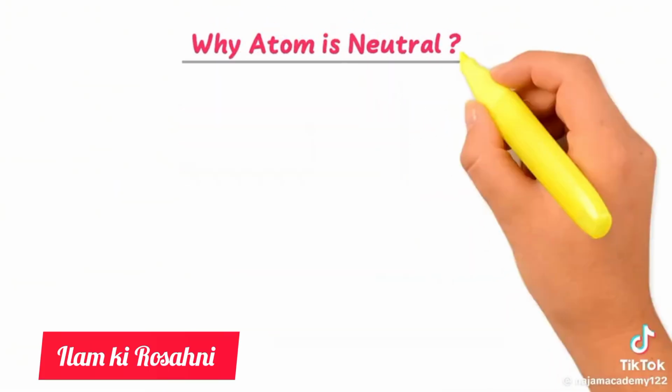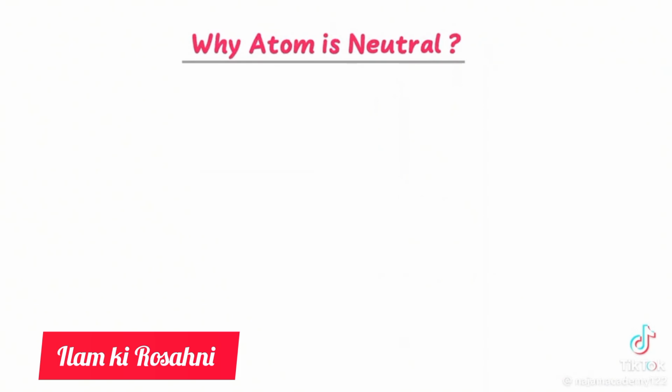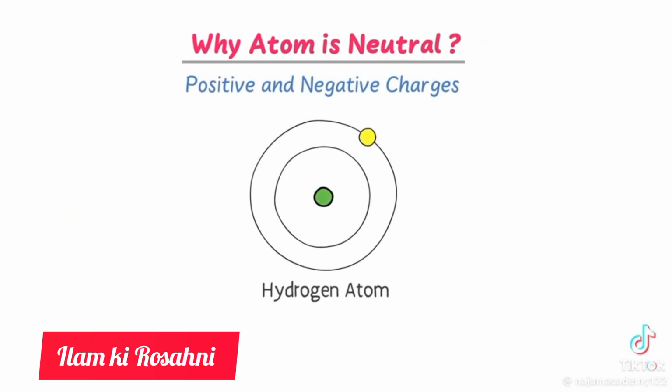Firstly, let me teach you why an atom is a neutral particle even though it contains positive charges and negative charges. Well, consider an atom of hydrogen. If you count the number of protons in it, you will get one proton in a hydrogen atom. So I write P is equal to positive 1.